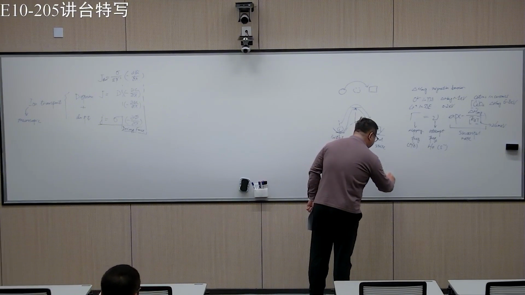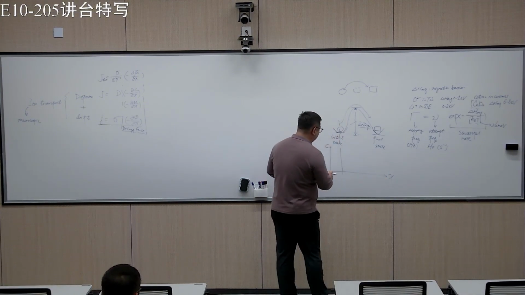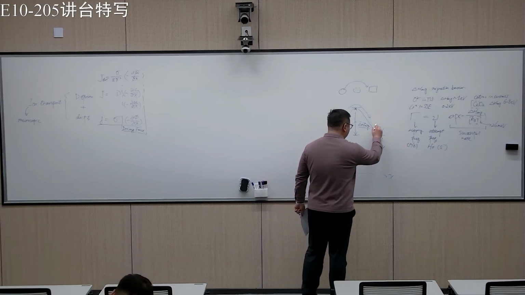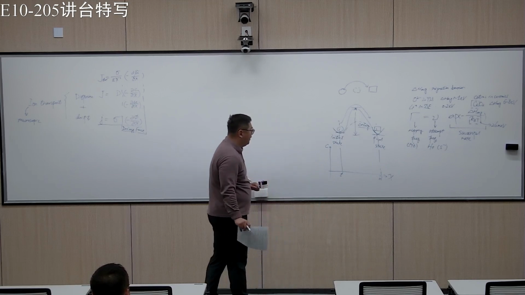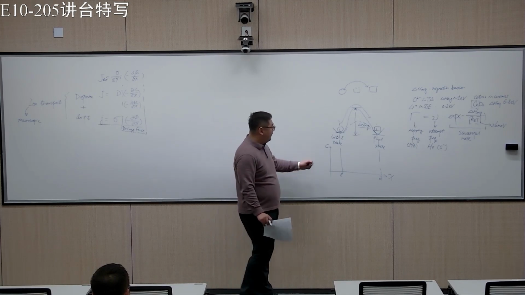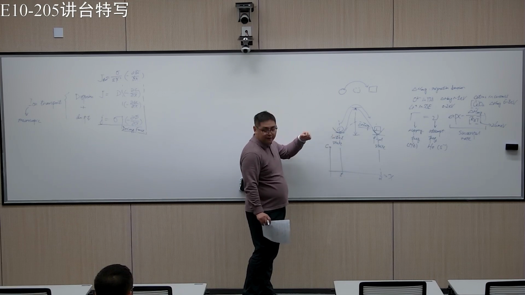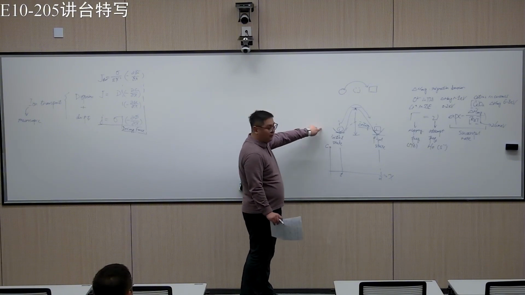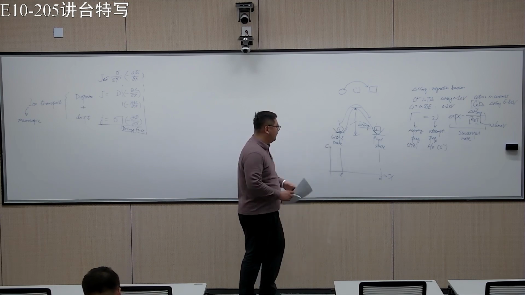So if I say this is the reaction coordinate x, this is position 1, and this is position 2. You can think of it as a column of ions, so into the board we have many ions here.